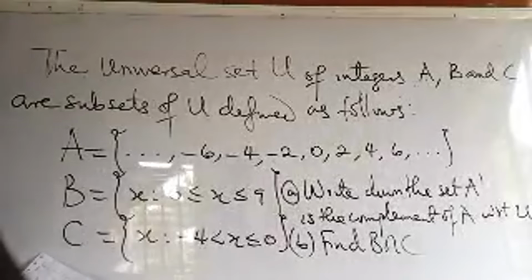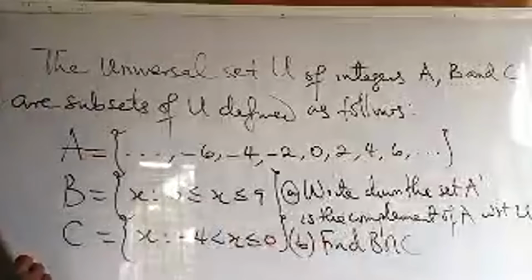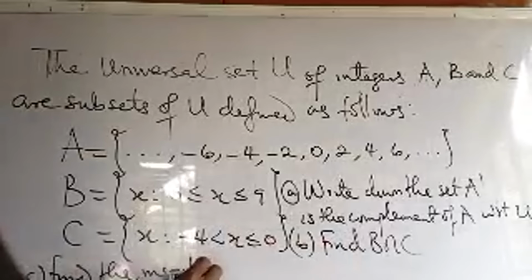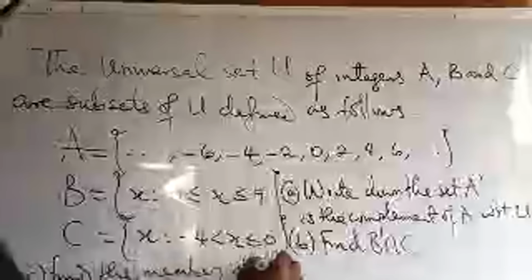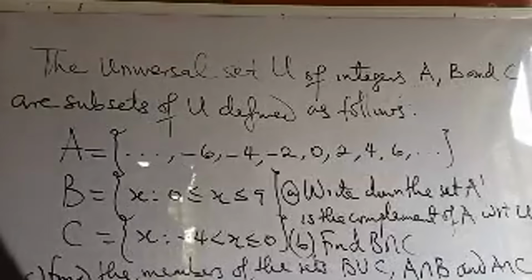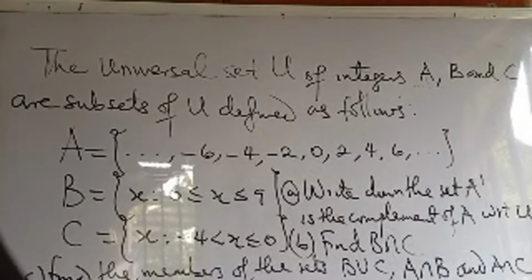All right. So now we have, that is question B. And question C says, find the members of the sets B union C, A intersection B, and A intersection C, and hence show that... let me write this one on the top.